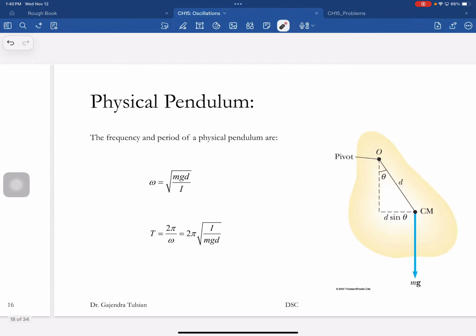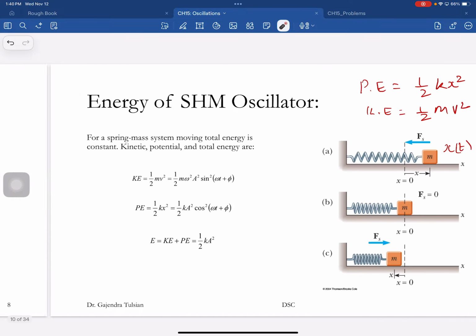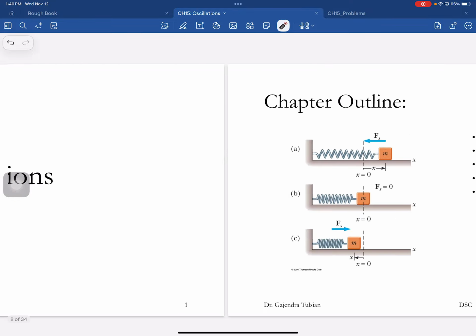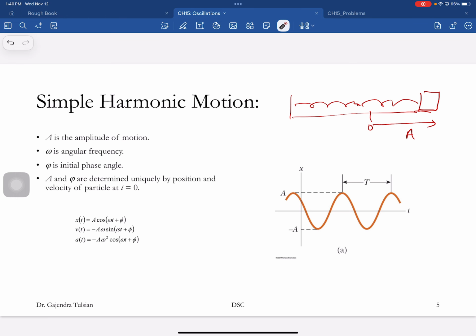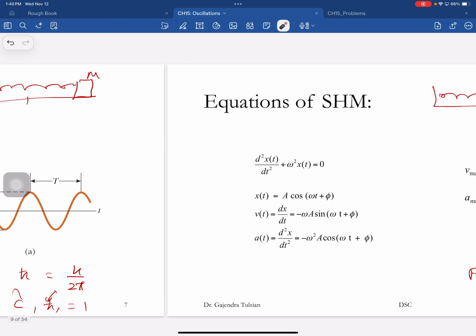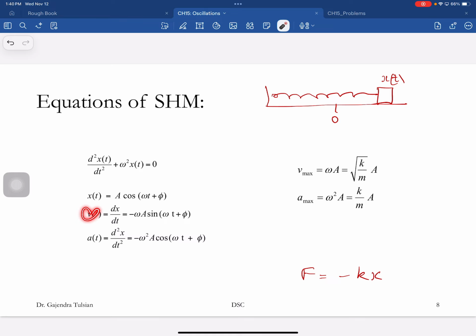And that's exactly −Aω sin(ωt + φ). So that's the velocity of the mass attached to the spring.